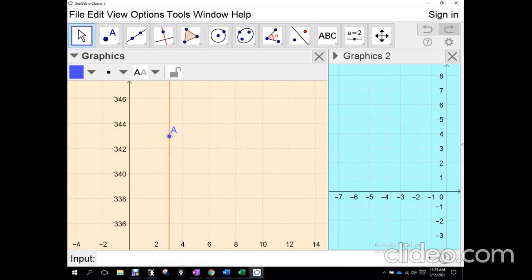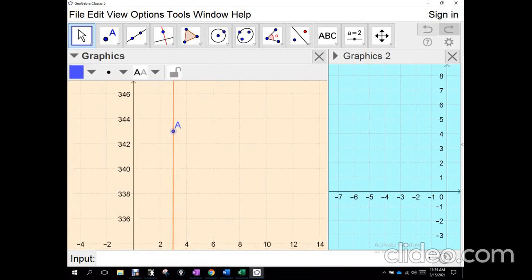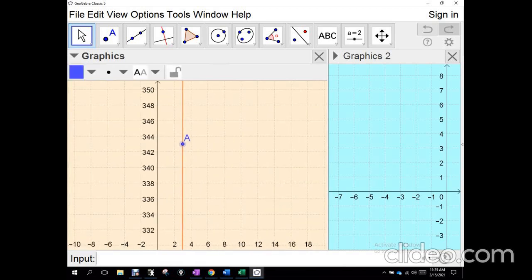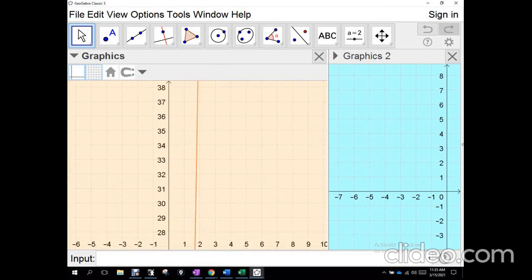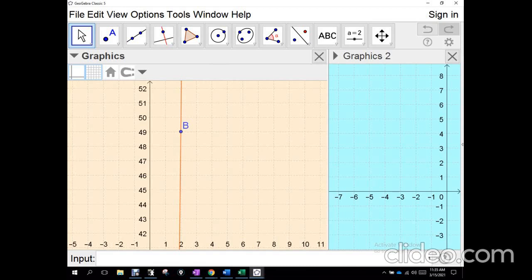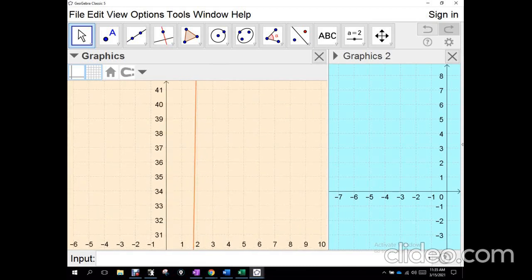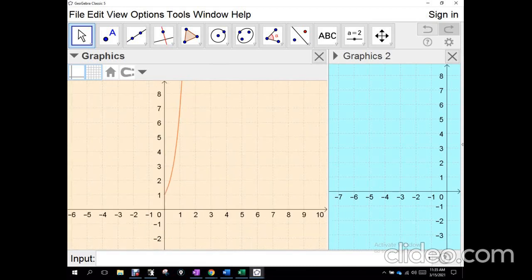As that x value starts moving this direction, eventually it's going to be the point (2, 49). So we'll go back down to find that point, (2, 49). And then the next one was x being 1, which gives 7.